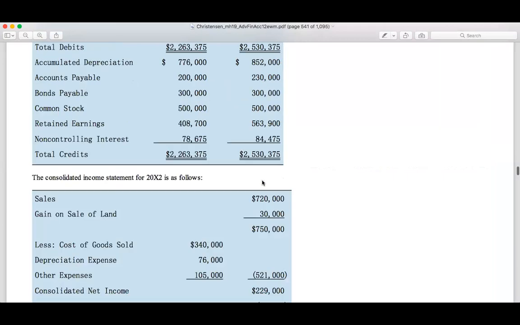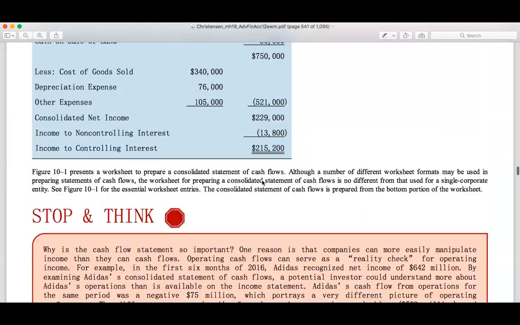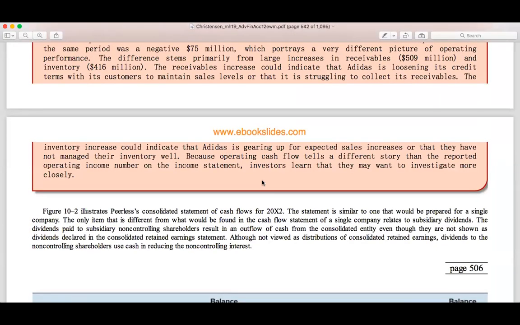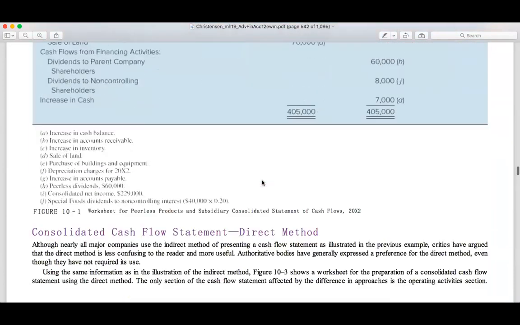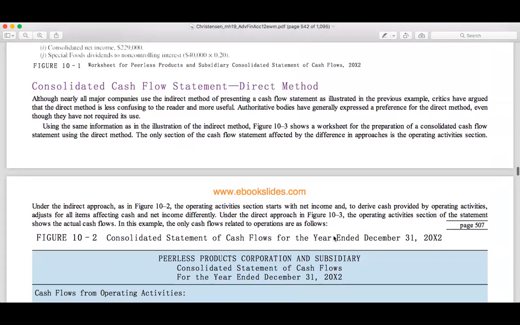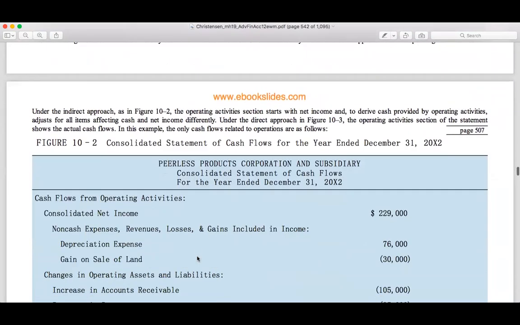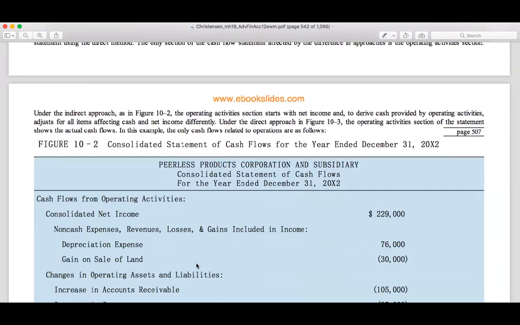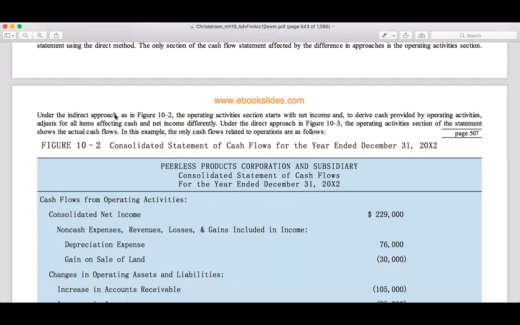This book states that figure 10.2 illustrates the PLS consolidated income statement cash flow, and figure 10.3 shows a worksheet for preparing the consolidated cash flow by using the direct method, while this one is the information under the indirect approach.